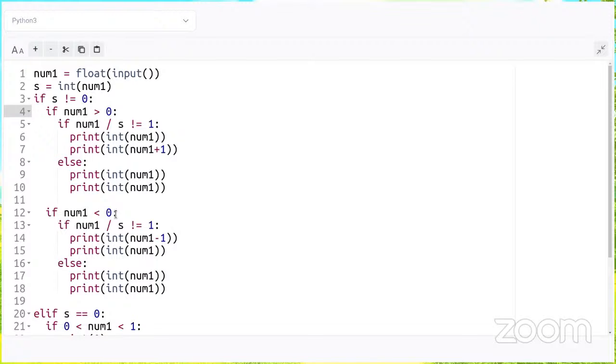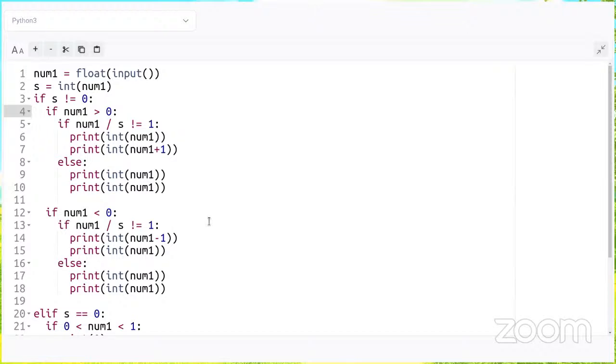If the integer part is not 0 and the number is greater than 0, then we check if it is not an integer, then we print the integer part of the number, and in the next line we print the number plus 1 and then the integer part of that number. And if the number is an integer, then it will print the integer itself, and in the next line also the integer itself.